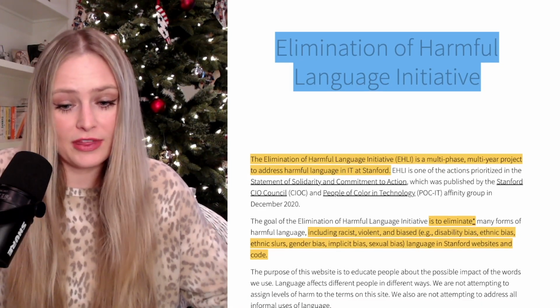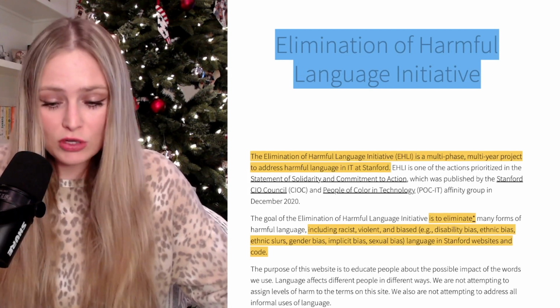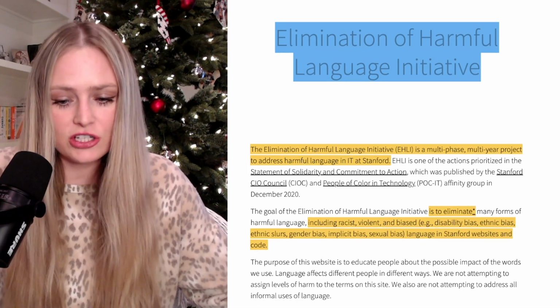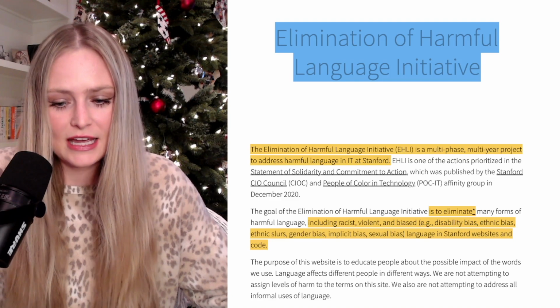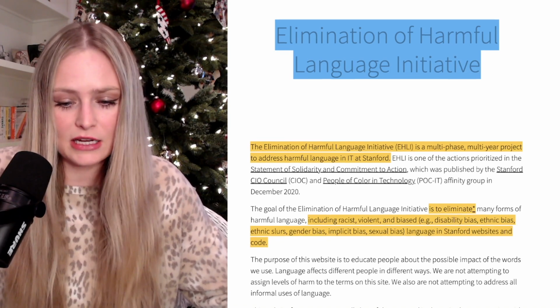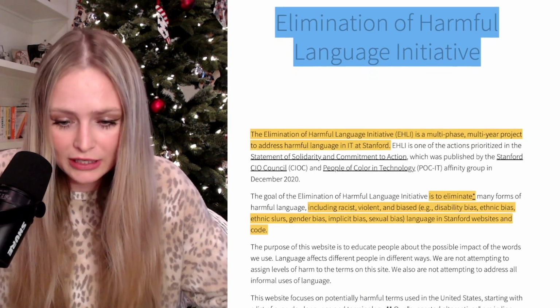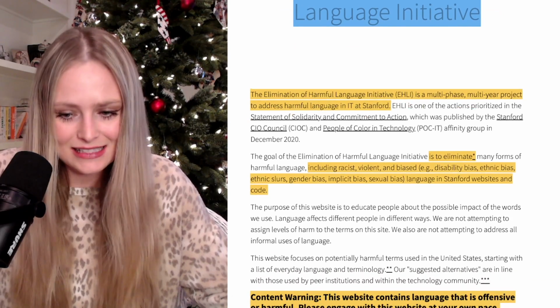This Elimination of Harmful Language initiative says the Elimination of Harmful Language initiative is a multi-phase, multi-year project to address harmful language in IT at Stanford.